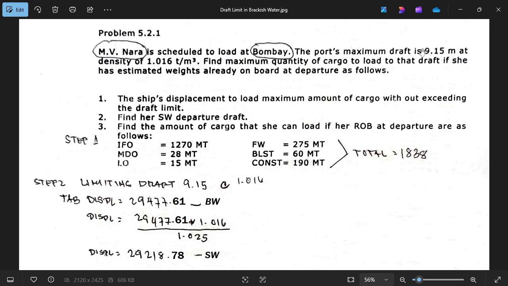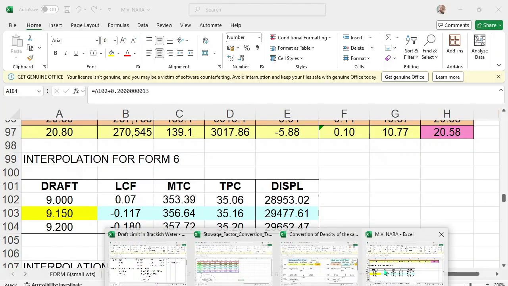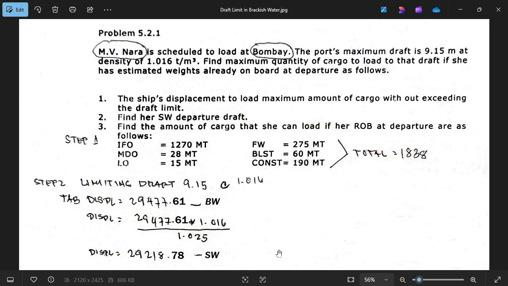So when you find this in the hydrostatic table, that will be brackish water. When you put 9.15 here, the resultant displacement will be brackish water of 29477.61.